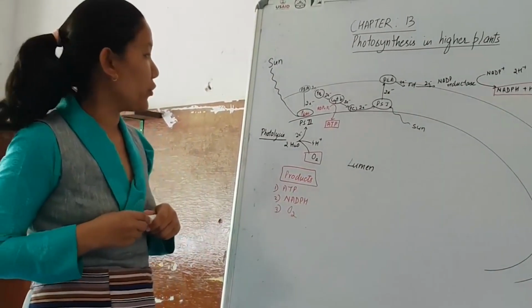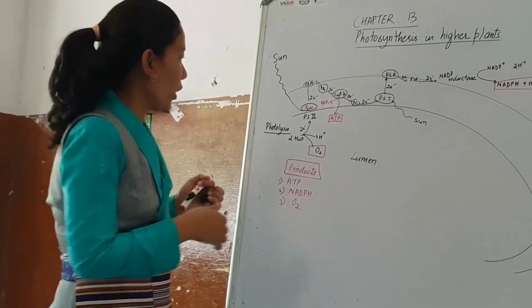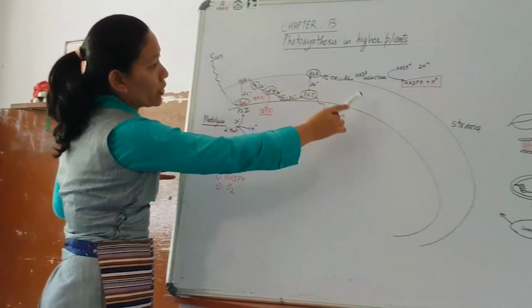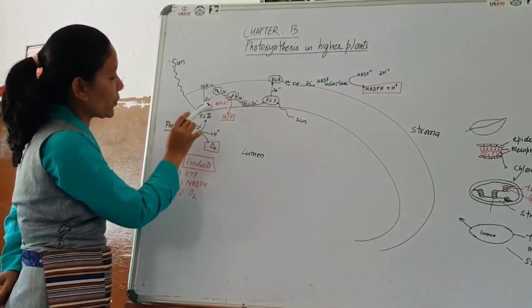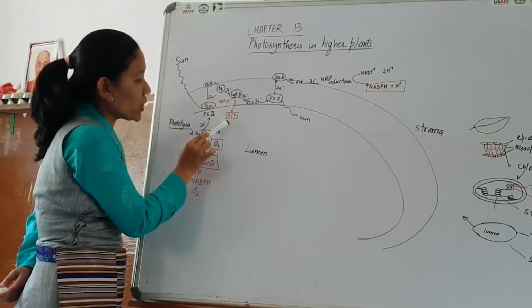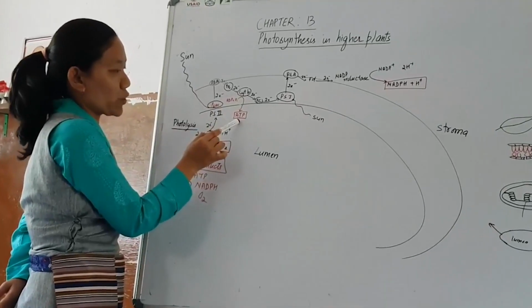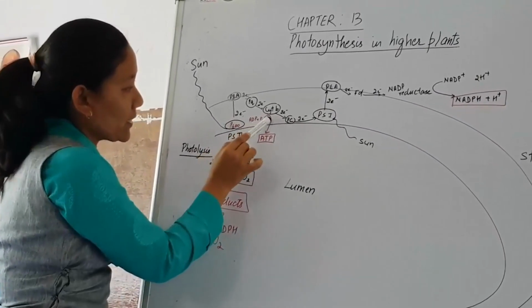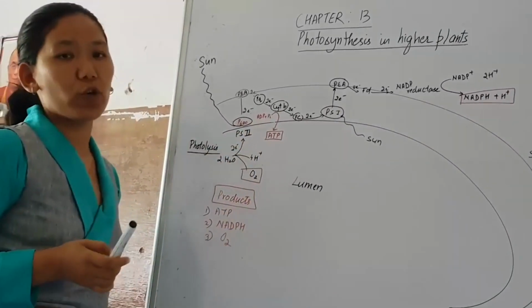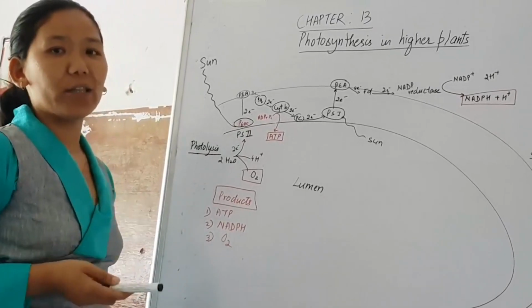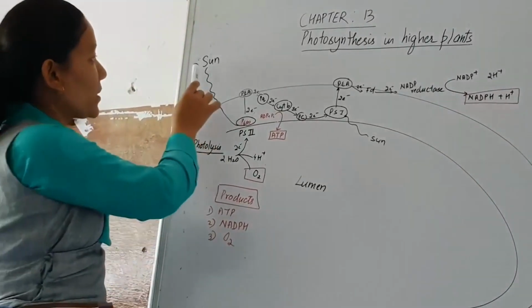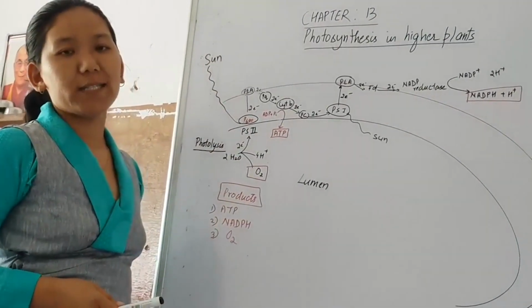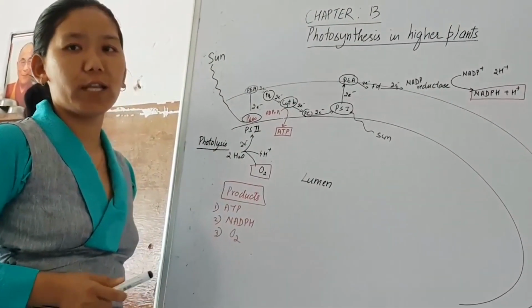Now again, let us look at another important concept here. During this process, you see that there is a synthesis of ATP, adenosine triphosphate, from ADP and inorganic phosphate. The synthesis of ATP is called phosphorylation, and here the phosphorylation is taking place in the presence of sunlight. So the synthesis here is called photophosphorylation.